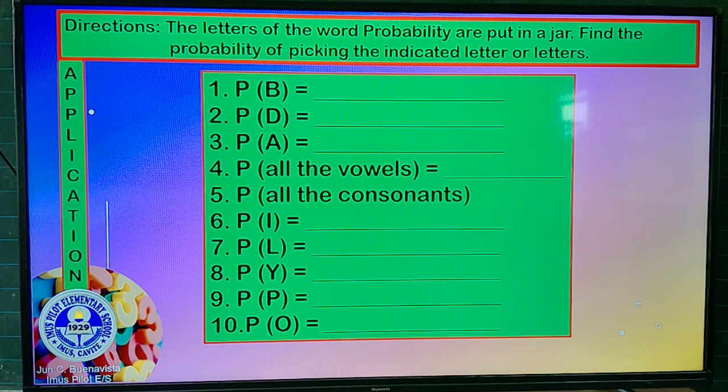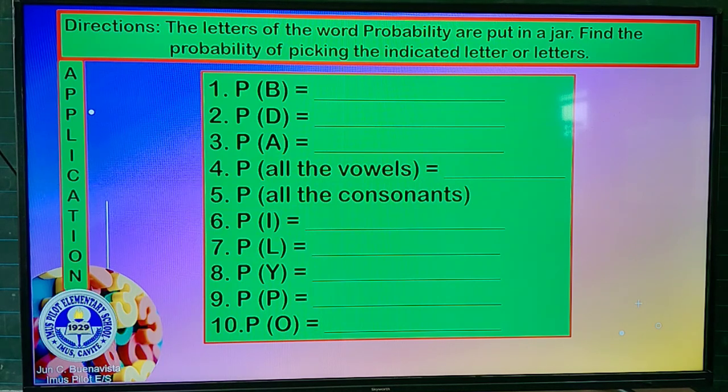Hindi naman talaga kasi depende yun kung ano yung lalabas na number kapag nag-roll tayo ng dice, di ba? Pero ang sabi niya, in between doon kay 60, maaaring 55, maaaring 70. So kung yan doon banda, medyo okay. Kasi probability nga, ibig sabihin ng probability, likely to happen. Pwedeng mangyari, pwedeng exactly but not likely to happen.